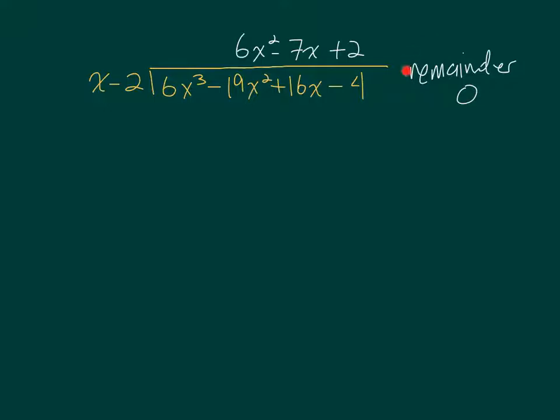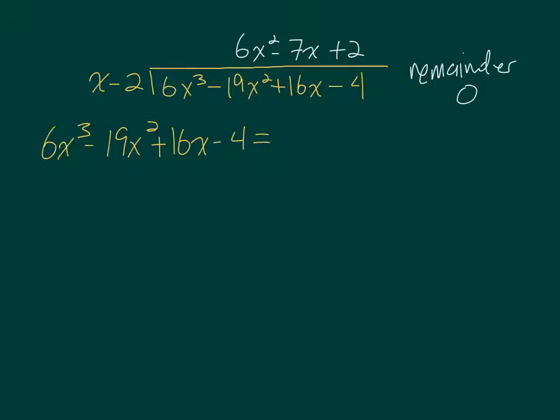Whenever you get a remainder 0, that's what essentially happens. If we take a look, it's 6x cubed minus 19x squared plus 16x minus 4.